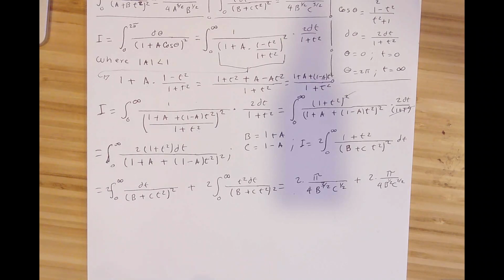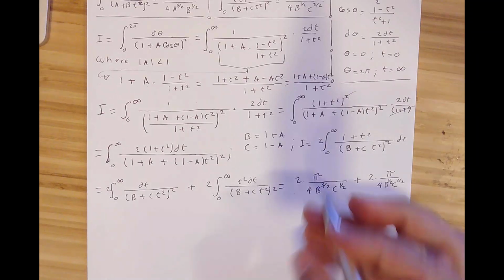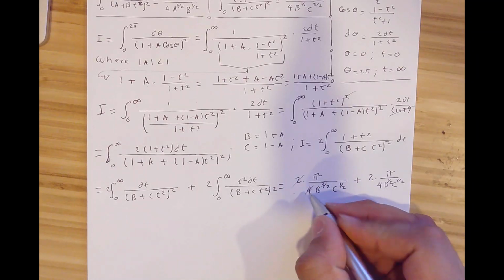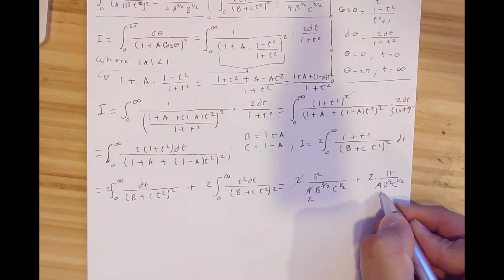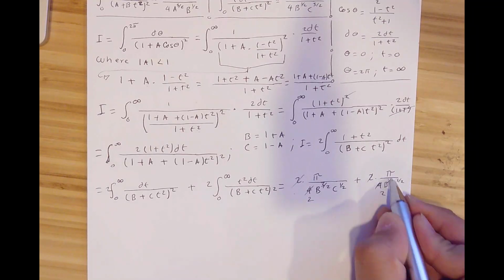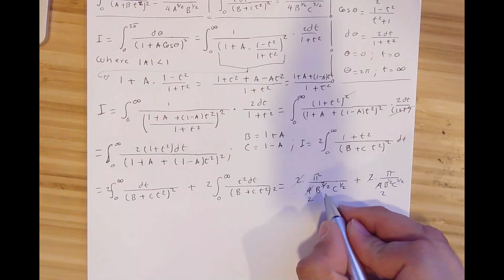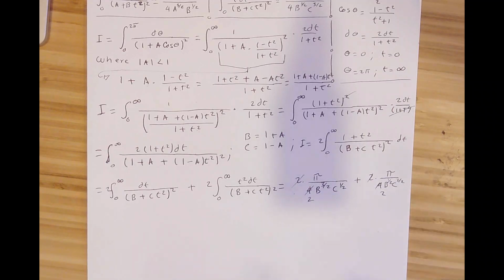So we need to simplify this answer. That is already an answer, but I see that this one could be simplified. We have pi everywhere. We also have b and c that repeat everywhere. So we can take out all this.